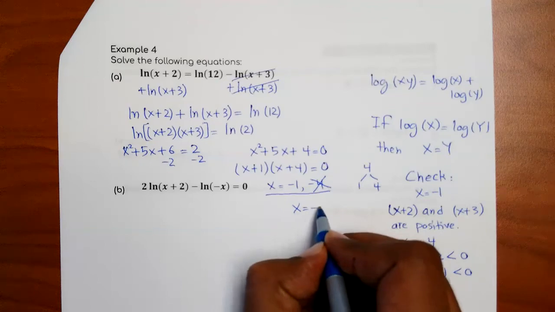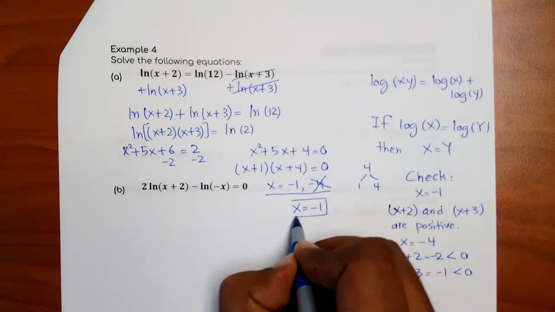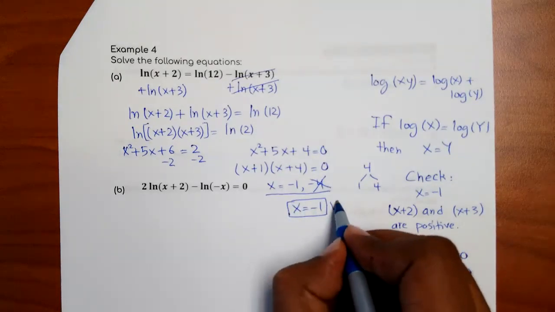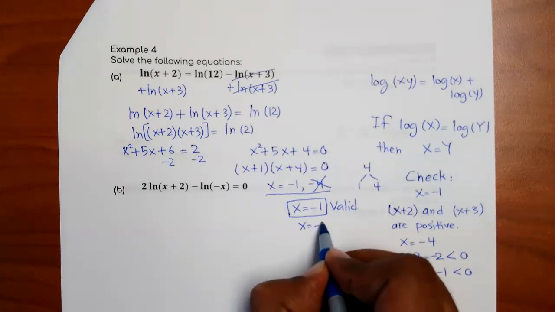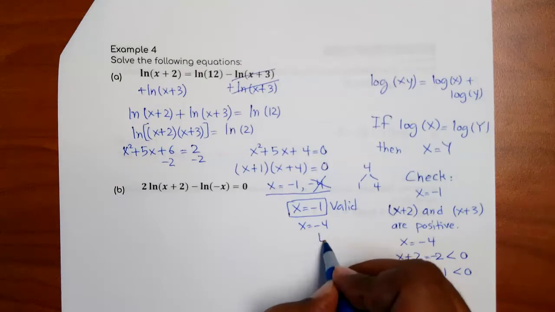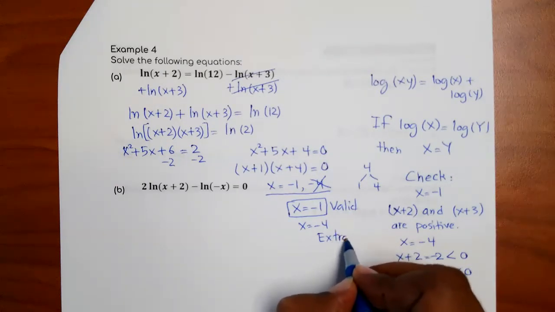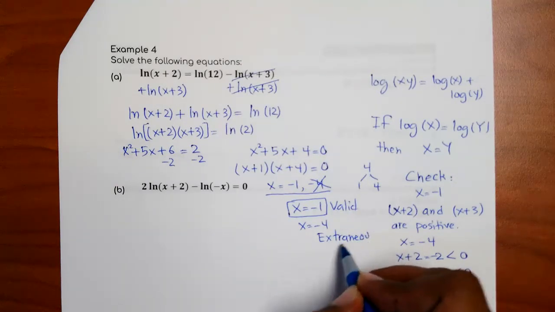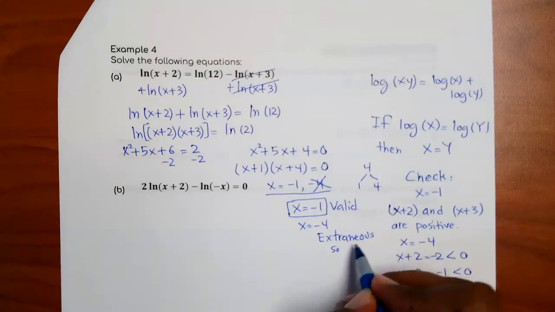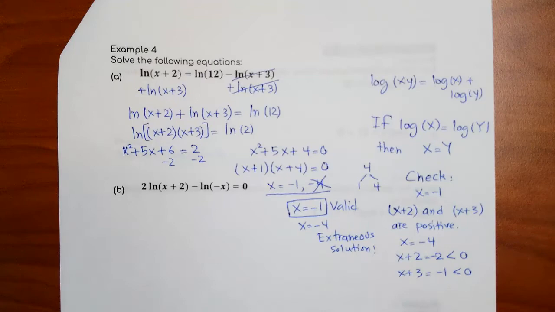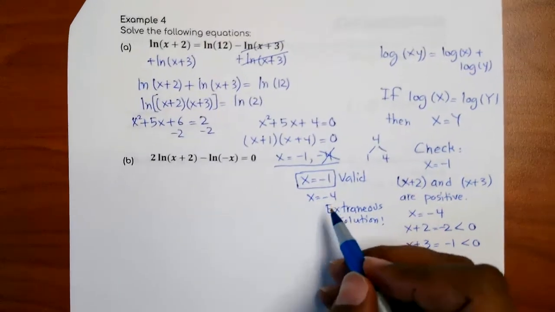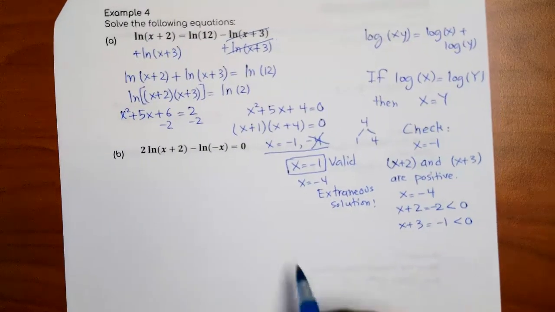So x is equal to -1. This is valid. And x equals -4. This is an extraneous solution. Okay. We have to rule this solution out because this is not the right solution.